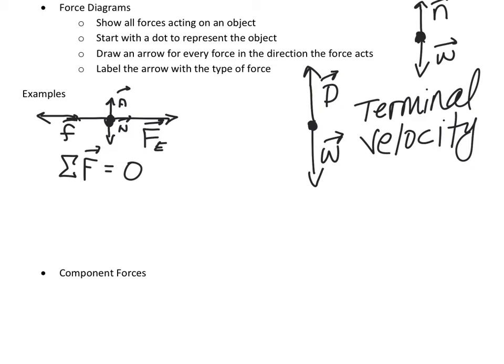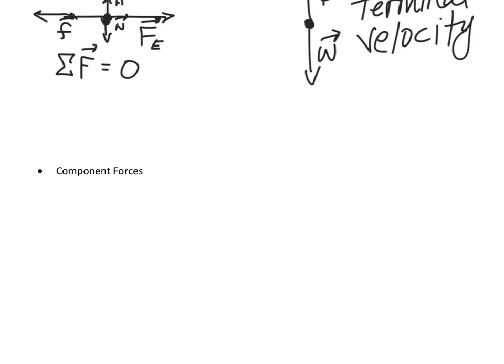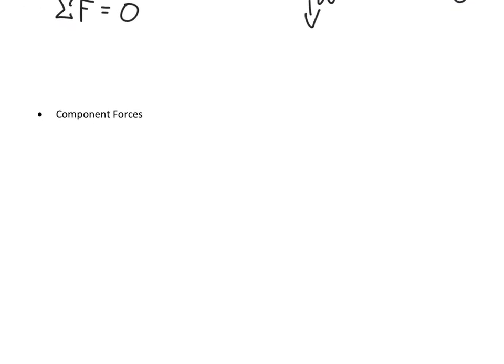All right, so those are a couple examples. Now, let's look at component forces. We've talked about these as well. I'll use the example of a sign. We didn't actually do signs in class, but we looked at hanging masses.